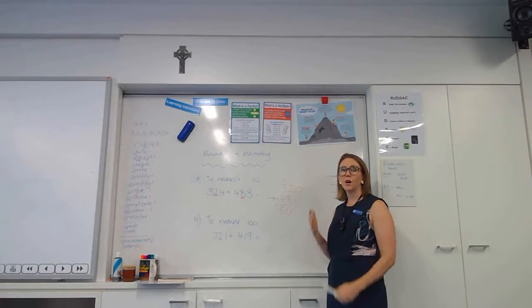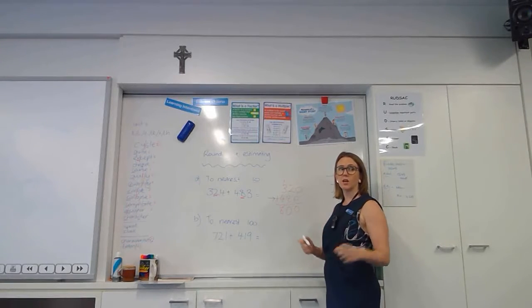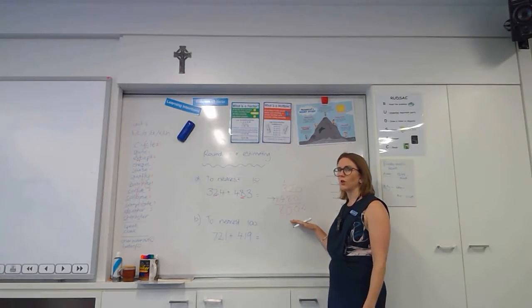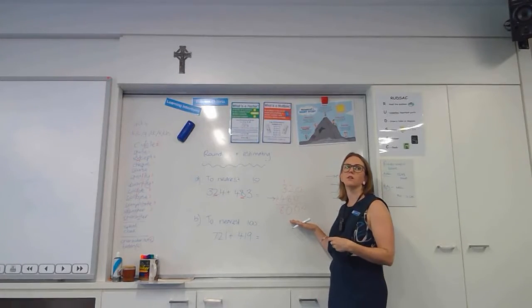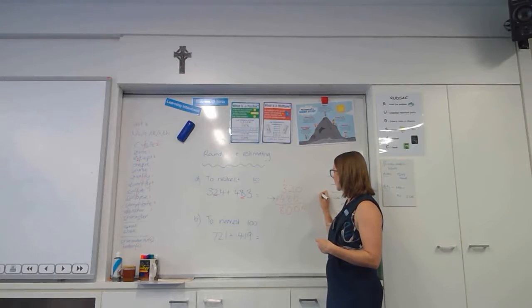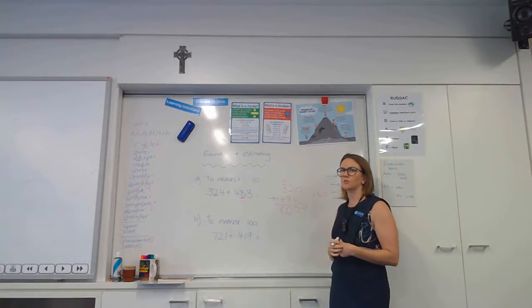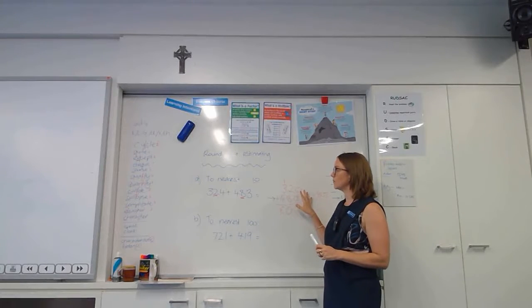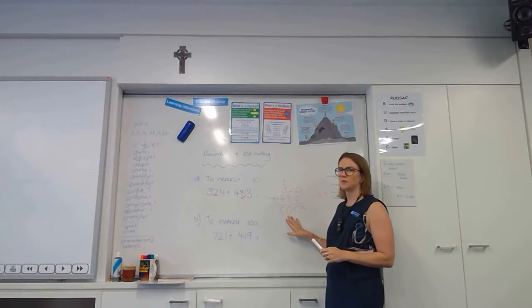So if you were asked to just round and estimate, your answer in this case would be 800, not the actual 807. What if we write 807? If you show me this working and then you also did to the side that it actually equals 807, that's fine. But if you didn't show me that you are able to round and estimate and give me this answer, it would be wrong technically.